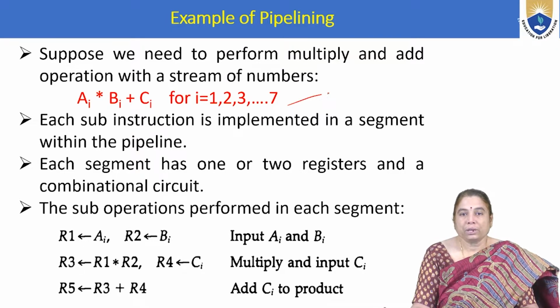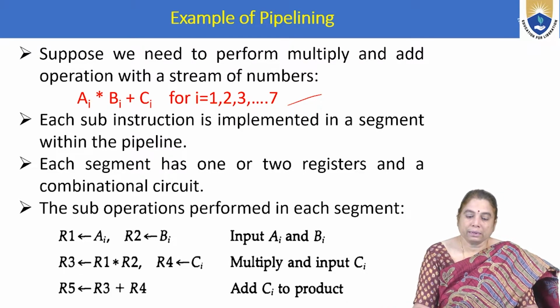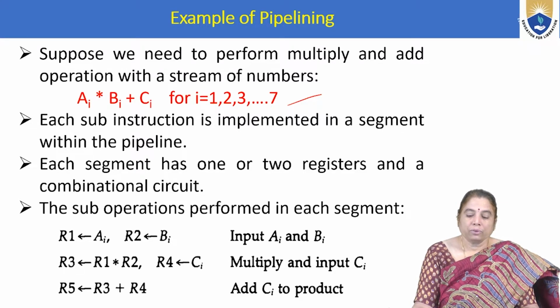The repeated computations can be easily implemented with the help of a pipeline. The major task can be subdivided into segments. The major computational task here is that two numbers are multiplied and the product is added to the third number. This task can be divided into three subtasks. That is segment 1.